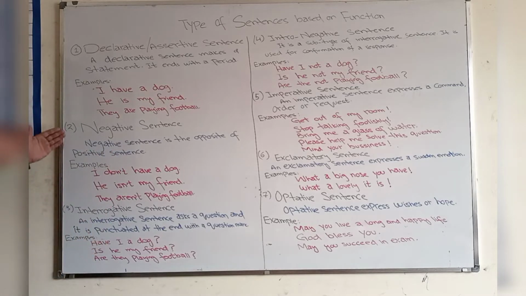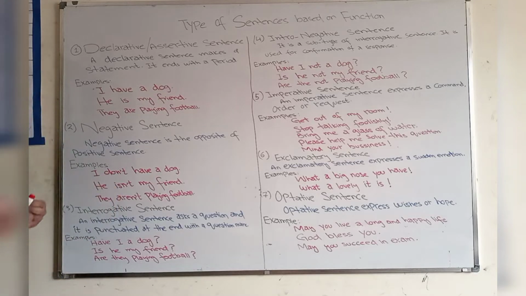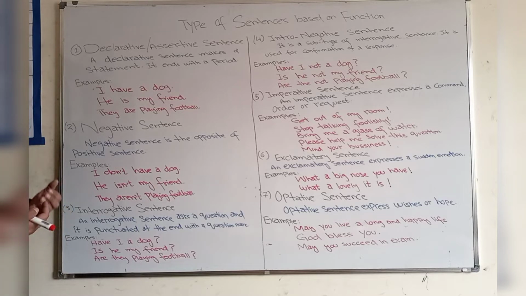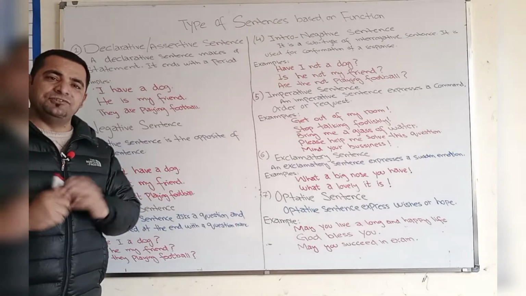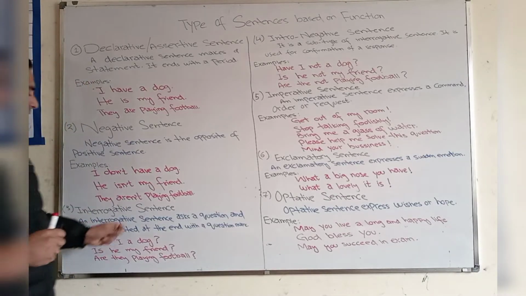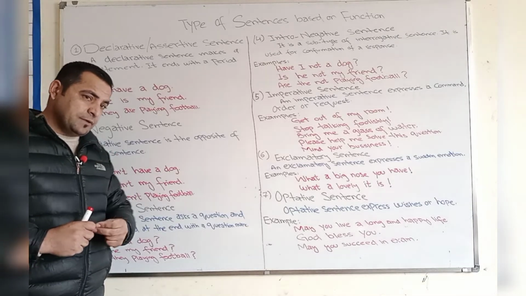Okay, now moving to the third type of sentence, that is the interrogative sentence. Not interrogative, that is the wrong pronunciation, it's an interrogative sentence. Now, an interrogative sentence asks a question and it is punctuated at the end with a question mark. Two things you need to remember.